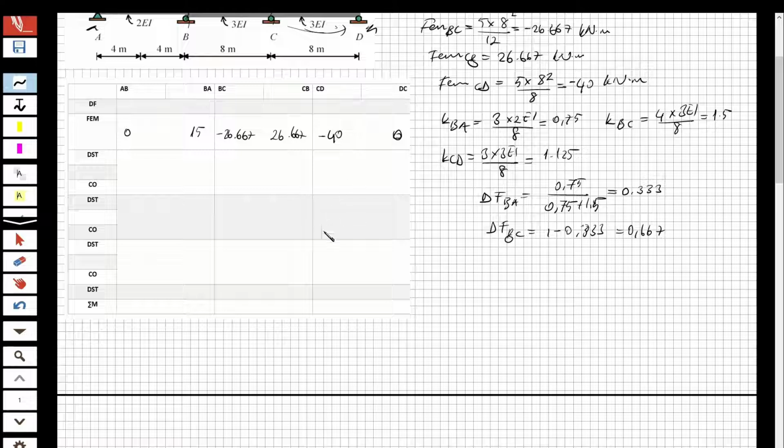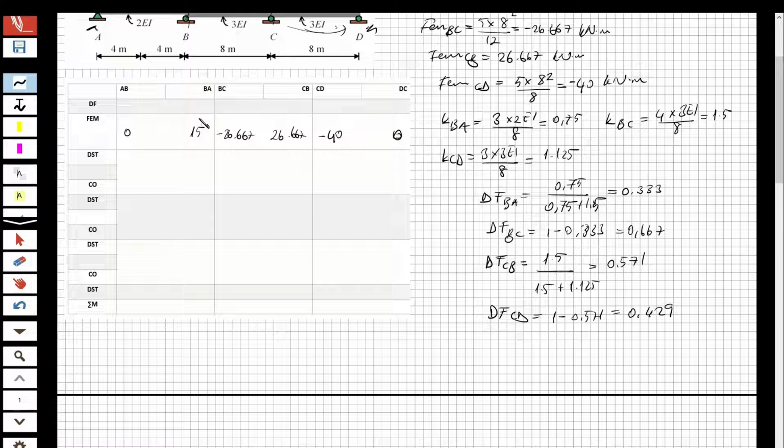So now let's find for CB. It is going to be 1.5 over 1.5 plus 1.125, and it's going to be 0.571, and the distribution factor for CD is equal to 1 minus 0.571, equal to 0.429. Okay, now we obtained all distribution factors.